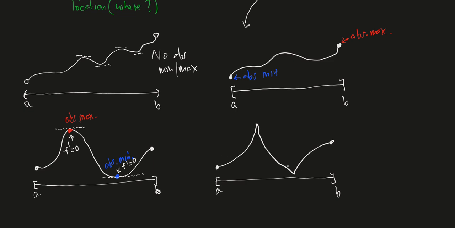Now we know it's not differentiable. We see a couple of sharp corners, but look at what happens. The way I drew it, the sharp corners happen to correspond to your absolute max right here. So this is your absolute max. And then over here, that is your absolute min, right?